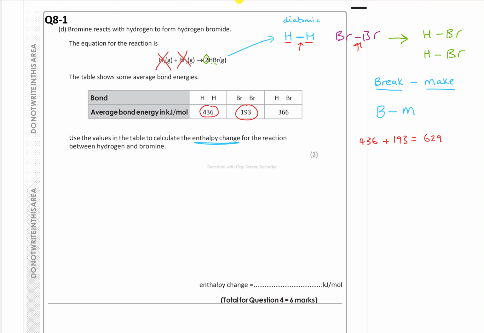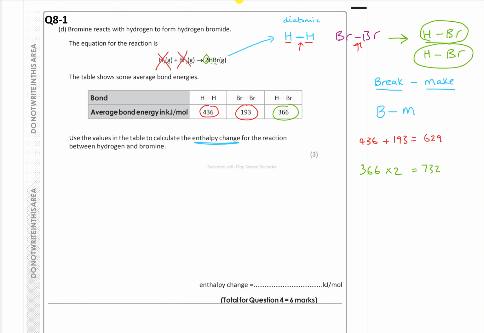Then we work out make. So we've got hydrogen bromide, hydrogen to bromine, so it's a 366. So that's break, and then now we're going to do make: 366, and there's two of them, isn't there? There's one here as well, so that equals 732.